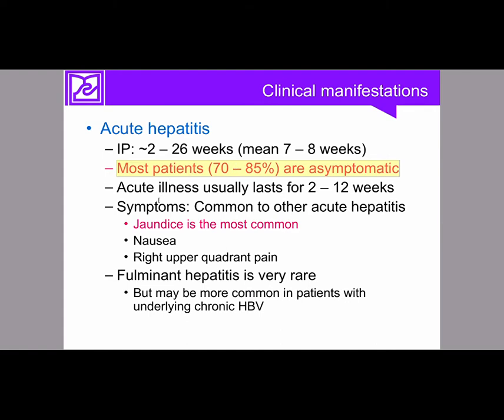Some people will be symptomatic, and the symptoms are the same for all acute hepatitis. Jaundice is the most common symptom. But remember, most of them are asymptomatic. And fulminant hepatitis, you already know the meaning of fulminant, is very, very rare.